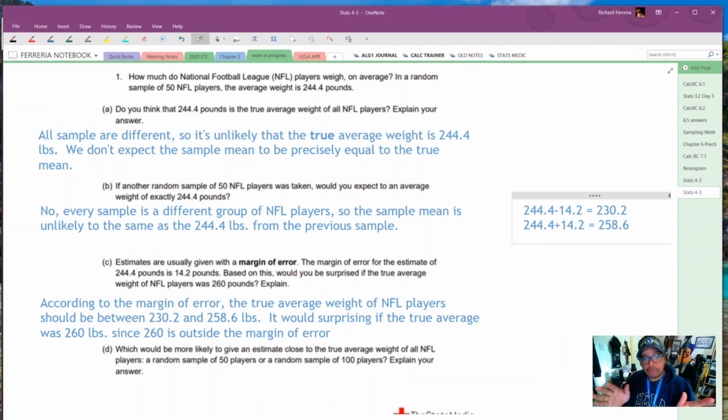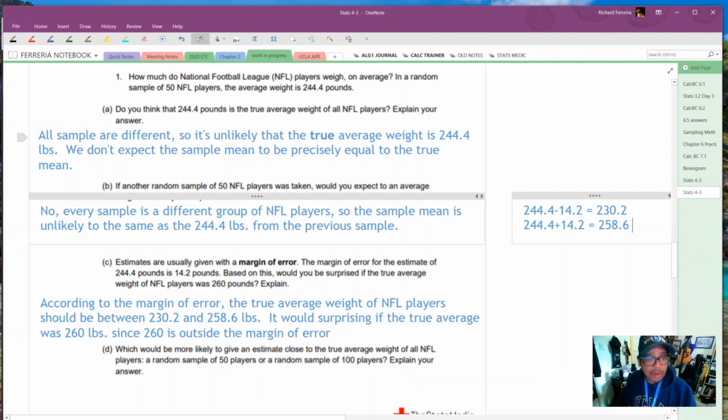So the true average weight should be between 230.2 and 258.6 pounds. If the true average weight was 260 pounds, that would be surprising because it's outside that margin of error. The margin of error tells us a likely range of values for the true average weight.